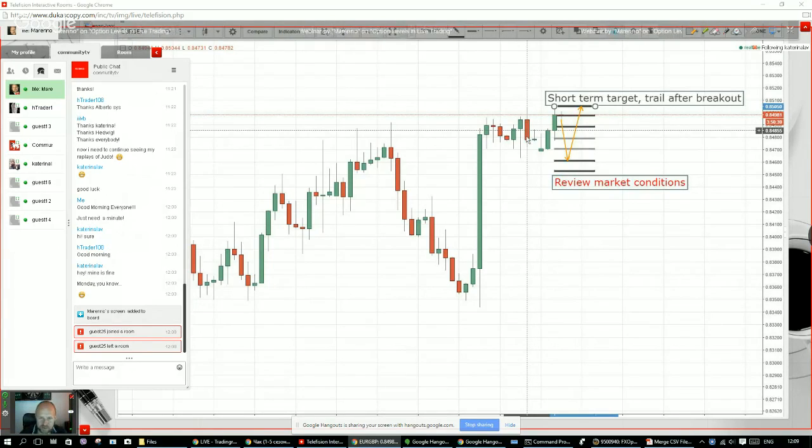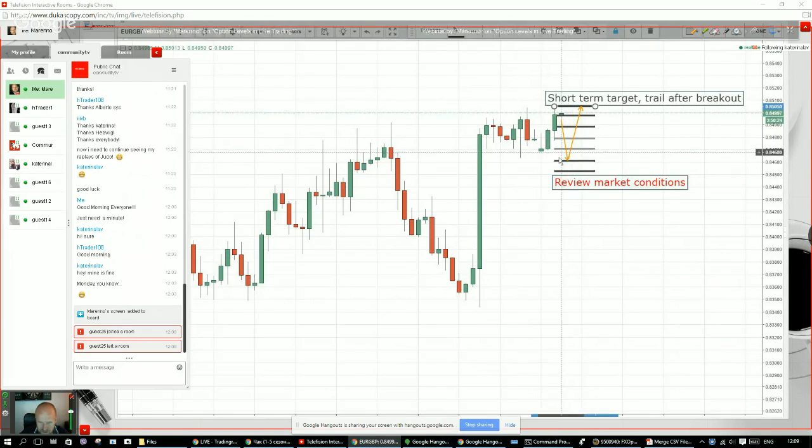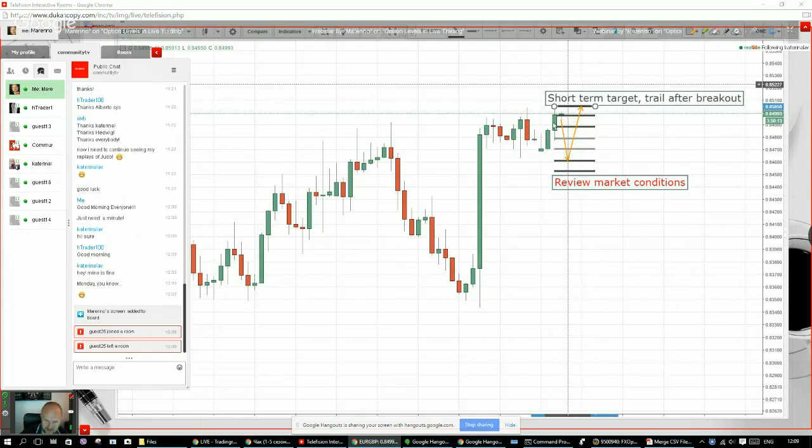Two scenarios are possible here. Due to the narrow range during the Asian session, my levels for the European session are narrow as well. So they are going to be changed for the American session, US session, second part, and during the overlap as well.